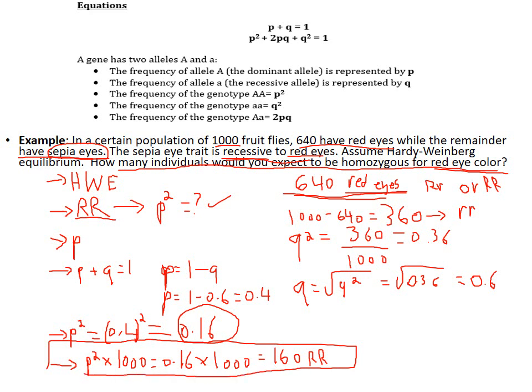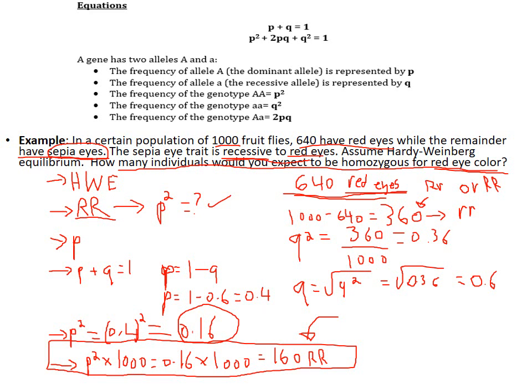So to find the number of individuals, all you need to do is find the frequency of whatever genotype you're looking for, so it could be P squared or Q squared or 2PQ, and multiply by the total number of individuals in that population. So we have 160 big R individuals. We have 360 little r individuals, and you could probably find how many big R, little r's you have, right?